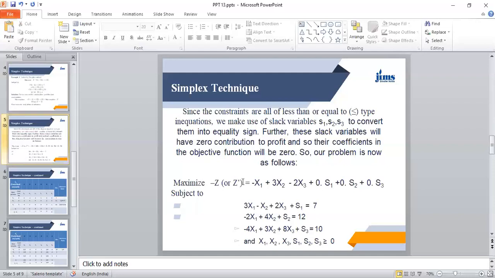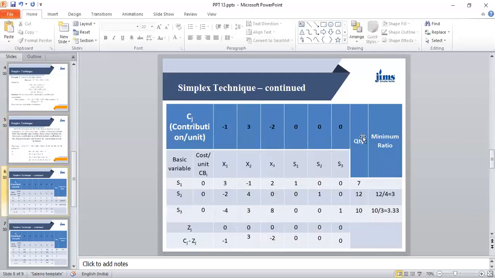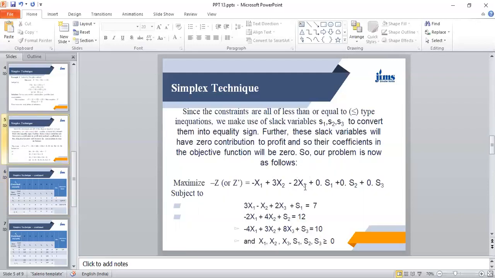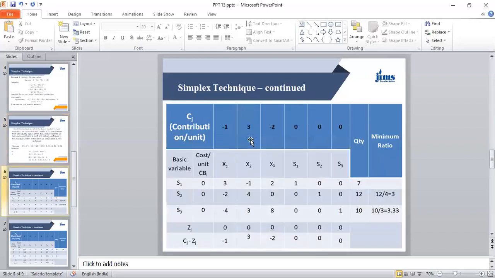So x1 is minus 1, x2 is plus 3, x3 is minus 2, and s1, s2, s3 are 0, 0, 0. So we have written in the first row the contributions, or the coefficients, of the objective function.